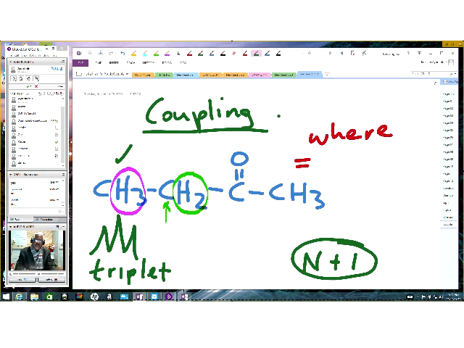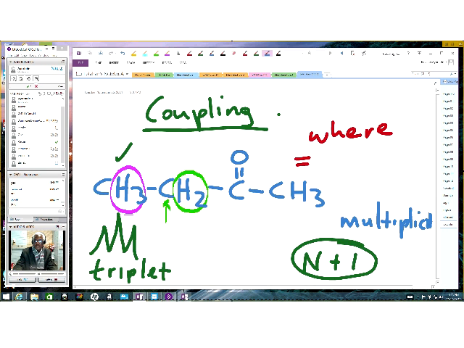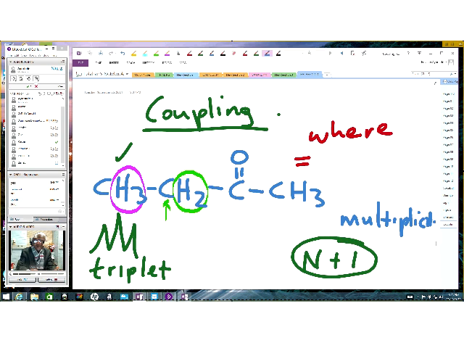Based on that logic, if I ask you what will be the splitting, or multiplicity, as we actually refer to it, what is the multiplicity of the hydrogens attached to carbon number 2?